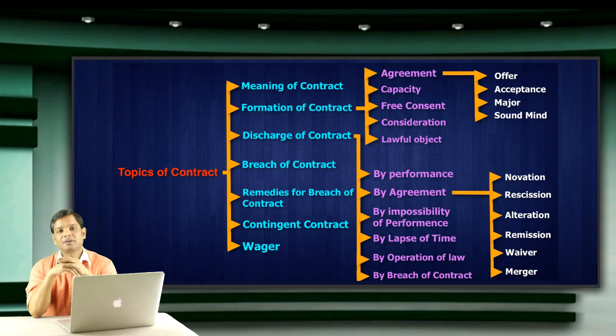So under the heading of discharge of contract, we have 6 modes of discharge: by performance, by agreement, by impossibility of performance, by lapse of time, by operation of law, and by breach of contract.